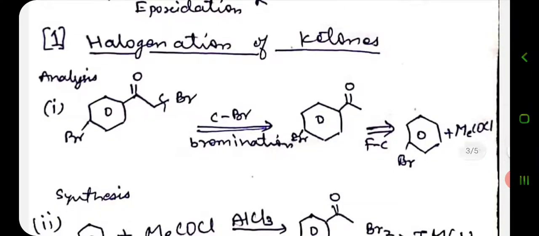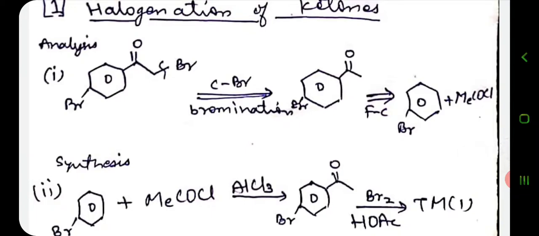Next is the halogenation of ketones. Alpha halogenation of ketones must be carried out in acid solution to avoid polyhalogenation. The full analysis of the reagent is simple, provided that we notice the directing effect of two groups on the benzene ring and disconnect by Friedel-Crafts first.